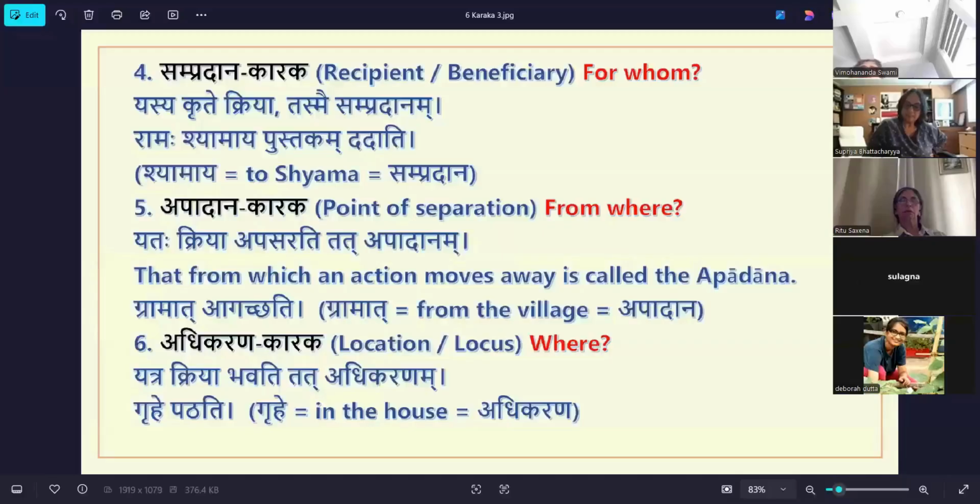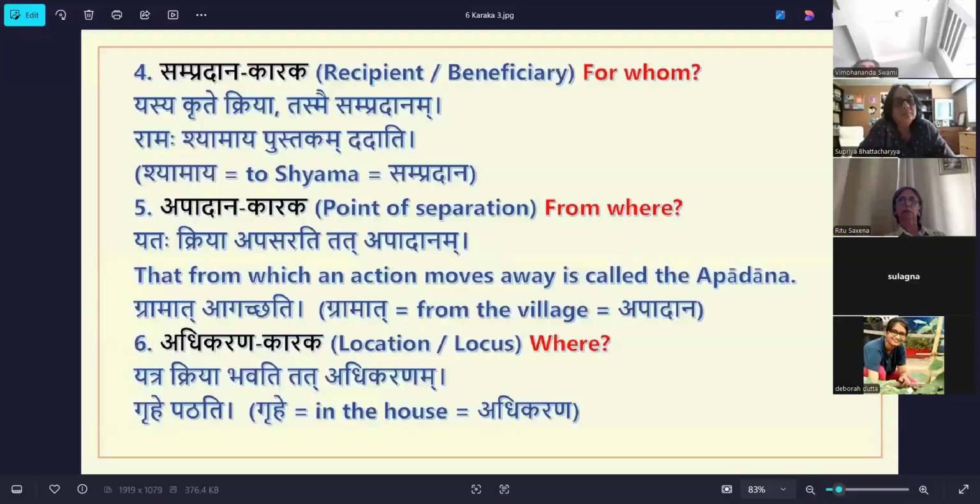Mama griha means my house. Mama shariram, my body. Tasya abhushanam means his jewelry. So here it is all showing the belonging only.